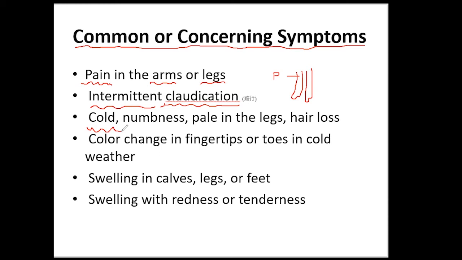And then cold. People feel cold, especially locally, cold limbs. We know blood vessels send blood to the local leg. If the blood sent decreases, certainly there isn't enough blood going to the local leg to warm it.